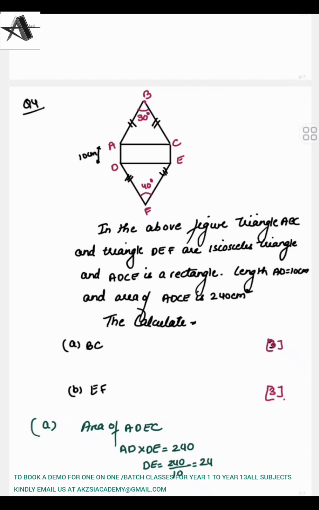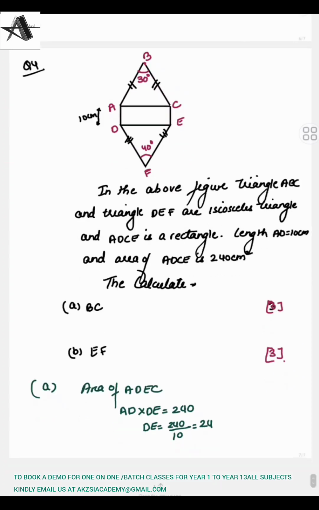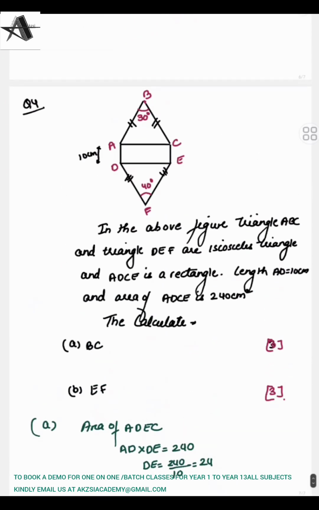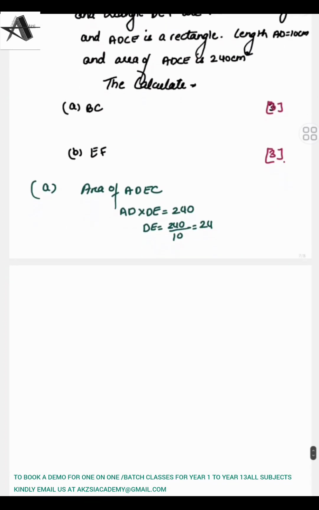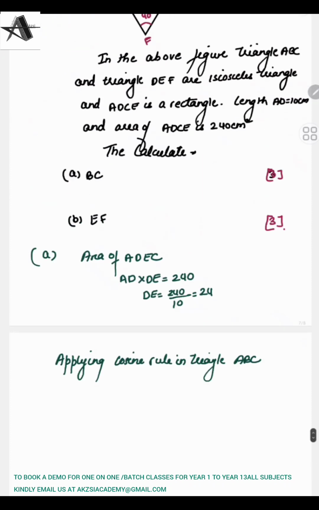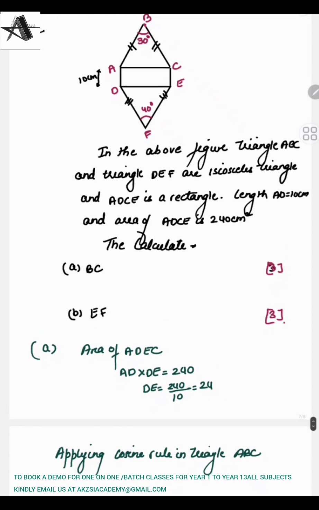That means three sides and one angle are involved, so we have to use the cosine rule, applying it in triangle ABC.